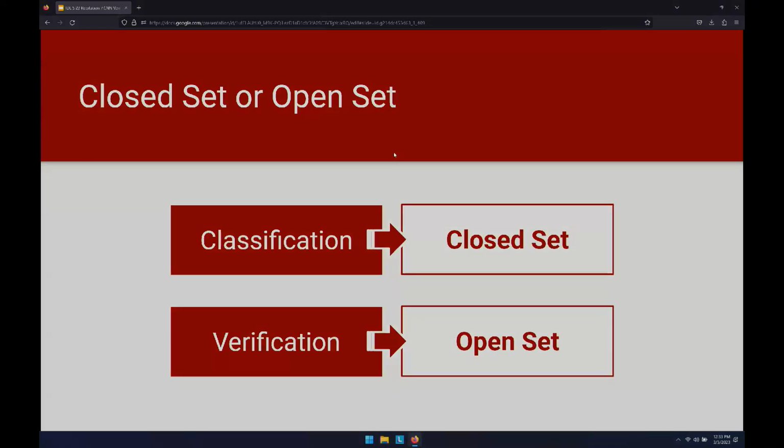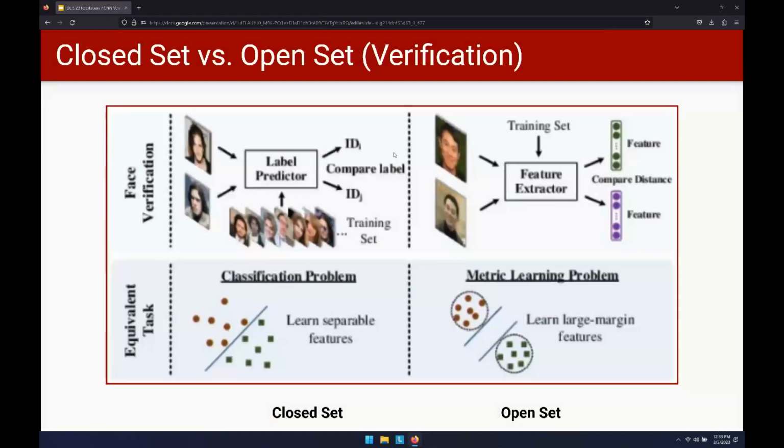Open set is used in verification, where some of the images in the test set may not be present during training. Face verification is part of that class of problems, where you're given an identity, and at test time, you'll have to compare it to n number of identities that you may not have seen before in your training set.